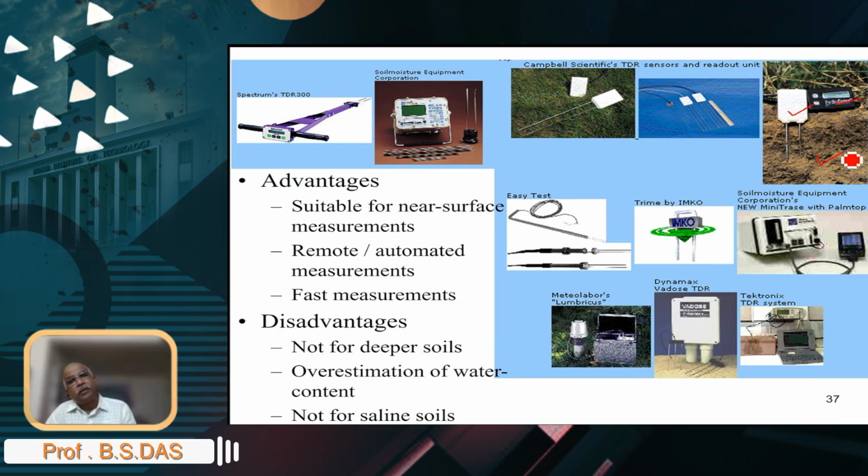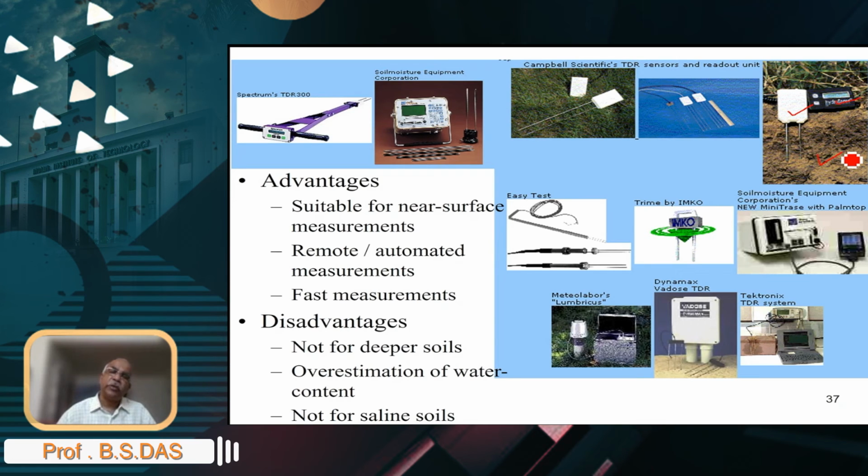They run to around 2 to 3 lakhs a piece for a handheld one, and automation is going to be more expensive, where you have multiple probes multiplexed to cover large areas.